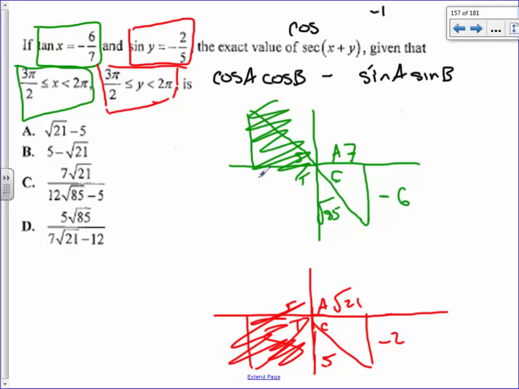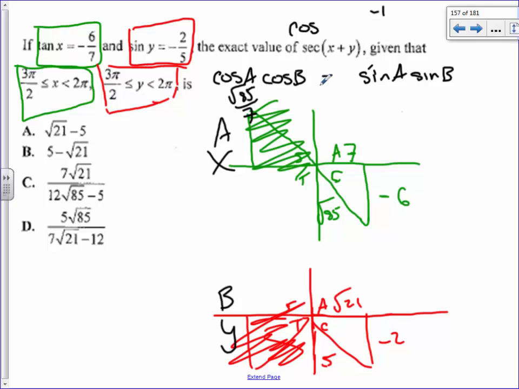So this triangle right here, I think, is the x one, which is A. And this one right here is the y one, which is B. So if I need the cosine of the first thing, which is x, cosine of this triangle is going to be the adjacent over the hypotenuse. I just realized, though, we had to flip that. So we need to do the hypotenuse over the adjacent.